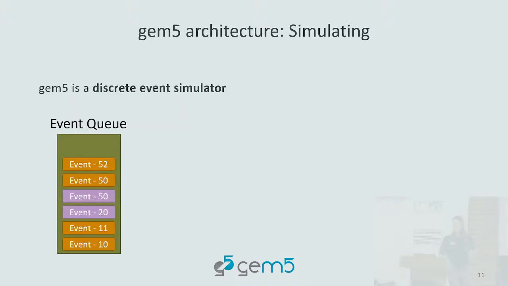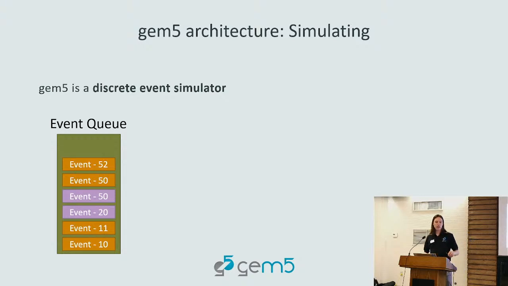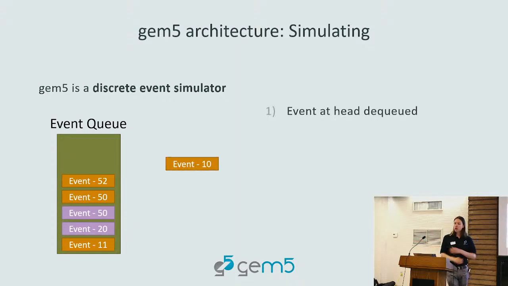Okay, so let's talk about the way simulation works in gem5. gem5 is a discrete event simulator. So you have events that are simulated with discrete time, not continuous time. We have an event queue, and every event in the event queue is some function that's going to execute, and it has some time that it needs to execute.